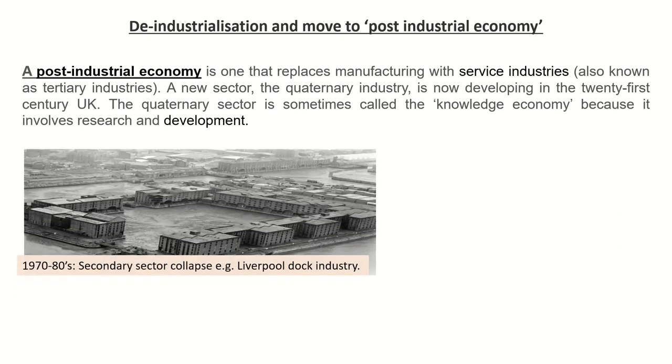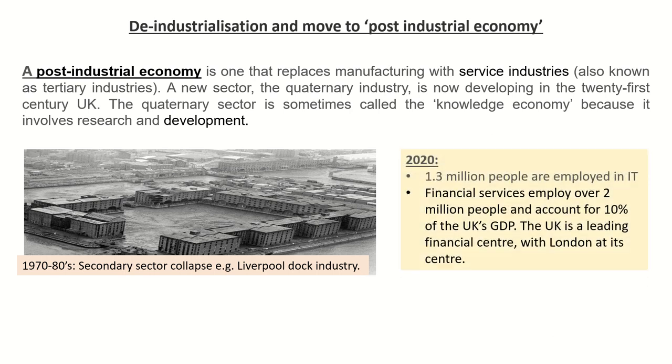Now, if we go back to the 70s and 80s, the UK was an industrial economy. We relied on the secondary sector, and I'll give you an example here. In Liverpool, one of the main sectors was the docking industry. But after that sector collapsed, the UK's economy changed. And as of 2020, we are now in what's called the post industrial economy.